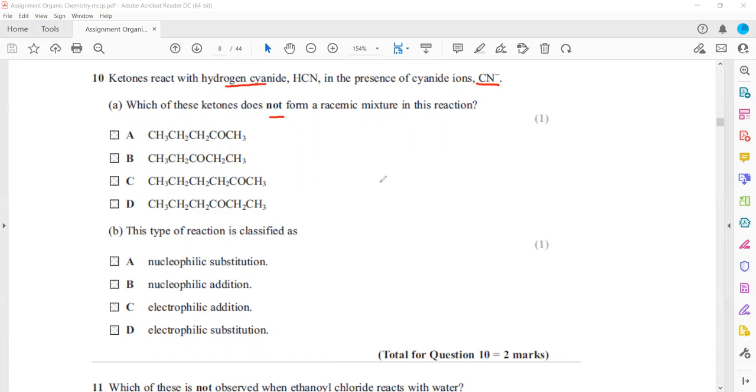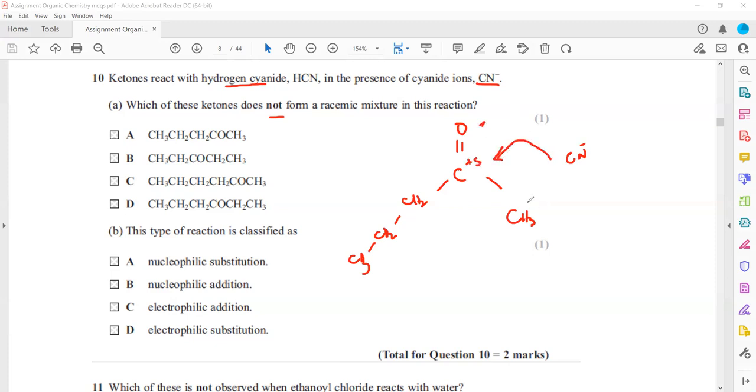So when we check how the reaction proceeds, if we take the first ketone, option A, this will be C double bonded with O, and one side it has CH3, the other side it has CH2, CH2, CH3. So it is trigonal planar. As a result, CN- will attack the partial positive carbon, a nucleophilic addition reaction.